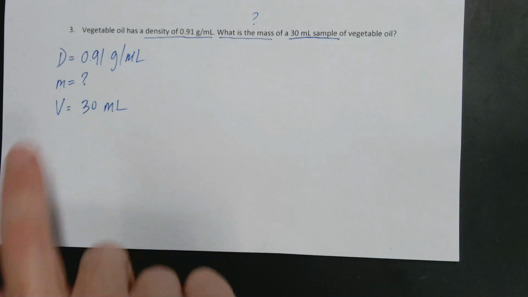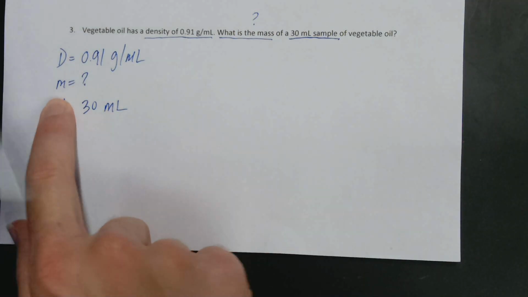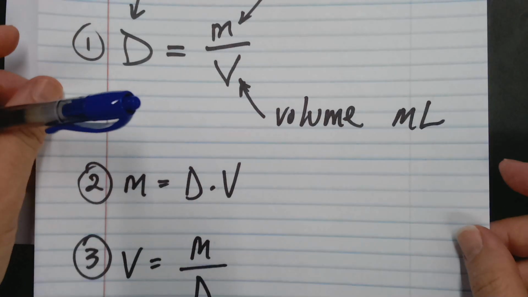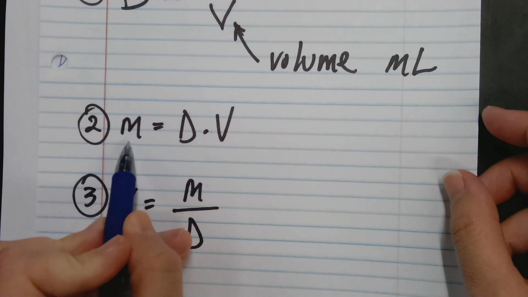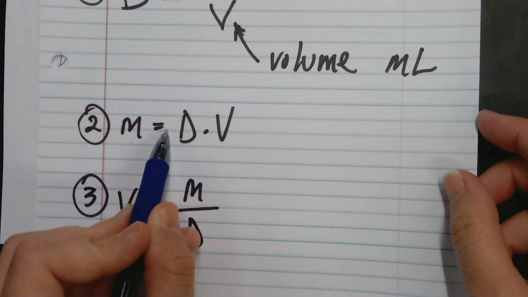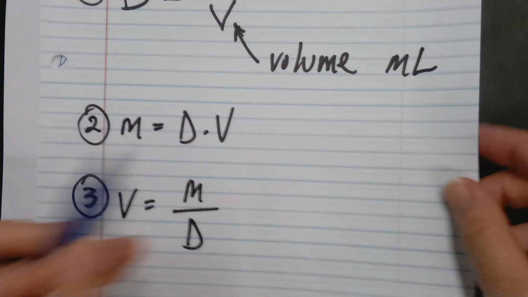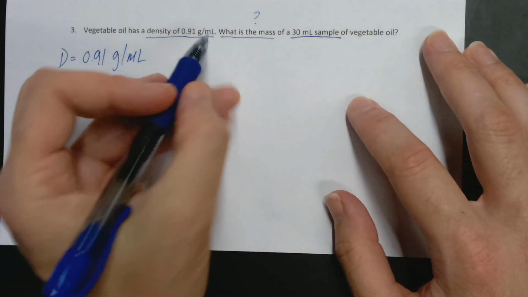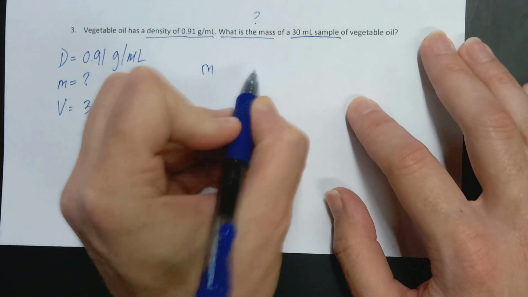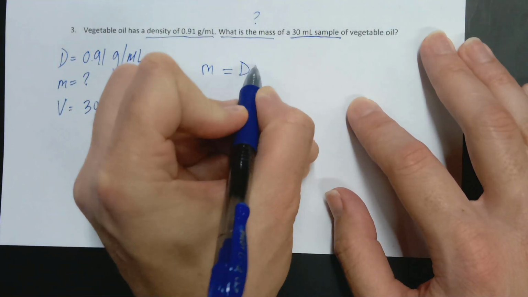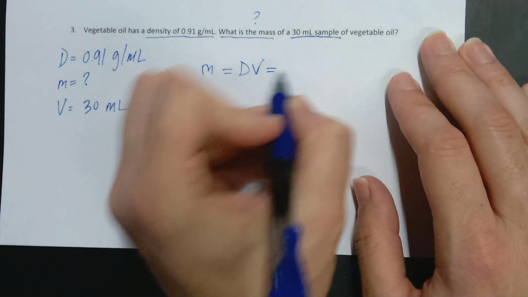So for this problem, I need to figure out the mass. If we go back to all of our equations, I'm going to choose the one that says M equals. So M equals D times V. Let's write that here. We'll plug in what we have.